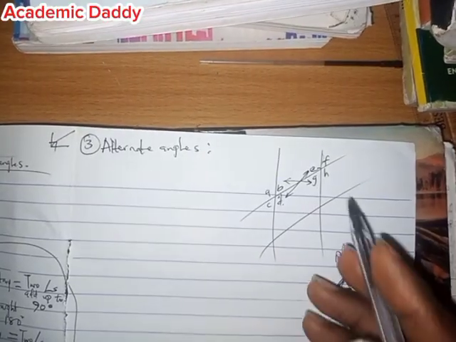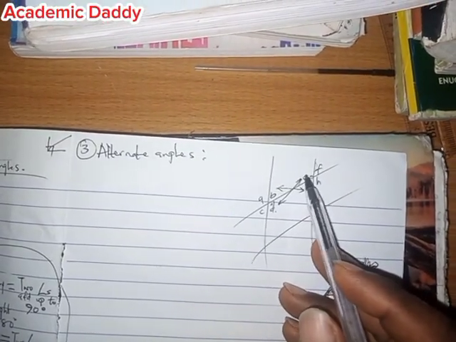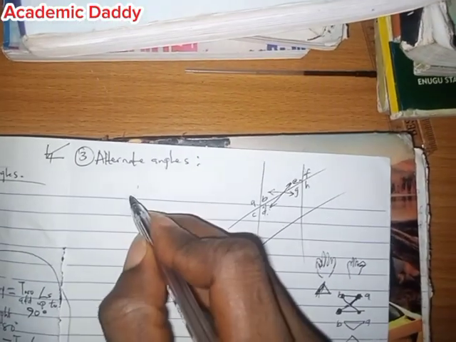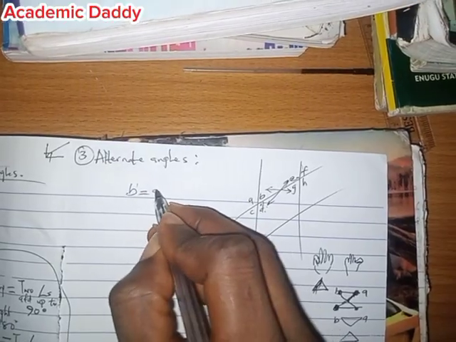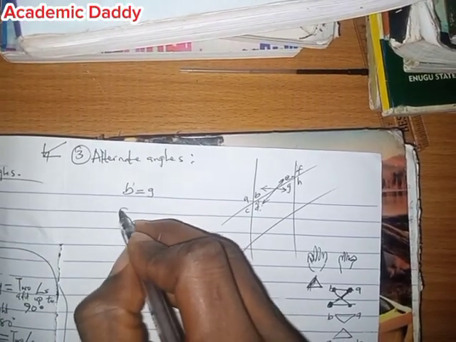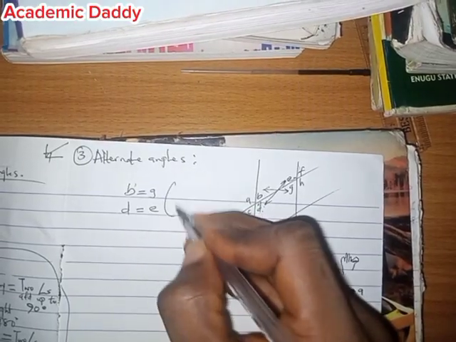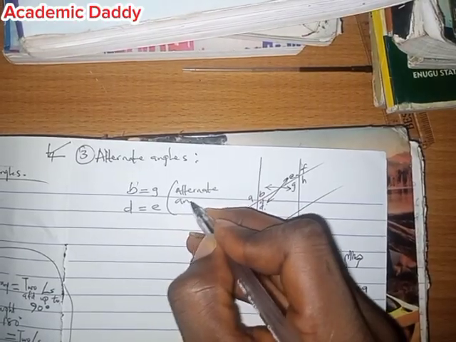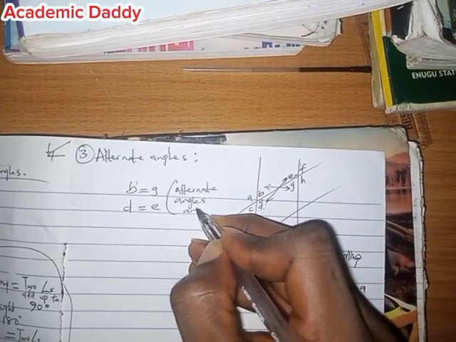So if I have that, notice that for the fact that this is here, this is here. For the fact that this is here, this is here. So I can easily say that B is equal to G and D is equal to E. So we say that they are alternate angles. Alternate angles are equal.